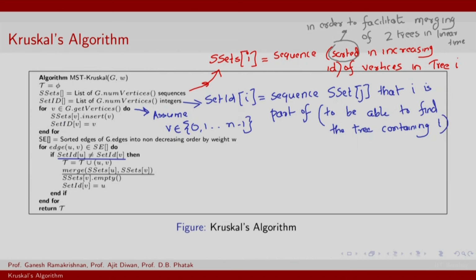So, we are going to insert V into the set V, that is the only element of that tree. These are basically the singleton trees, and also the set ID corresponding to V is set to V itself. Next we sort the edges of G dot edges into non-decreasing order by weight W. So, this is going to help us in our greedy selection strategy.